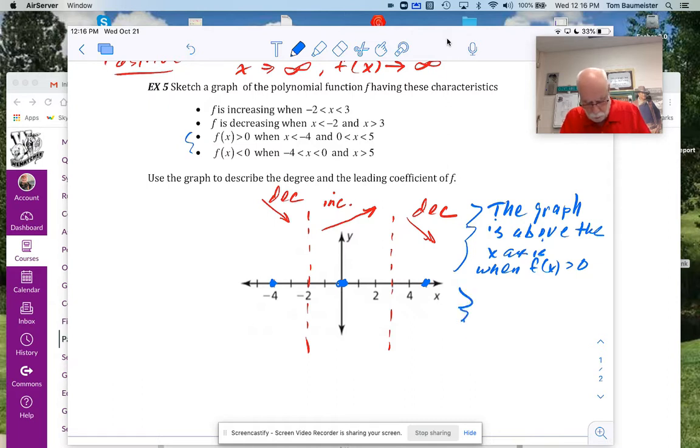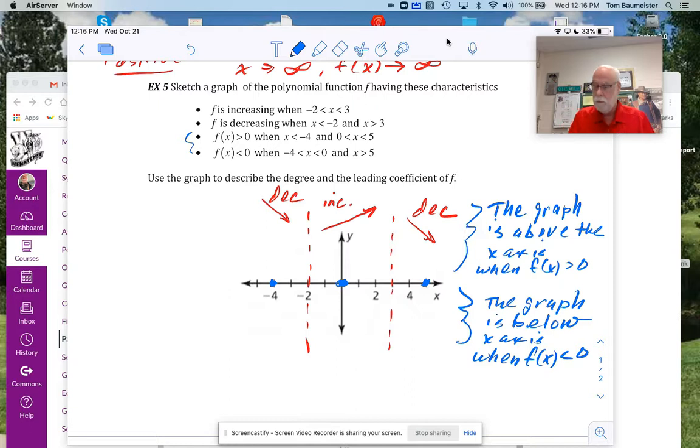And I know that the graph is below the x-axis when f of x, again, f of x is just a fancy way of writing y, ladies and gentlemen, is less than 0. All right, so now I've got all of that.